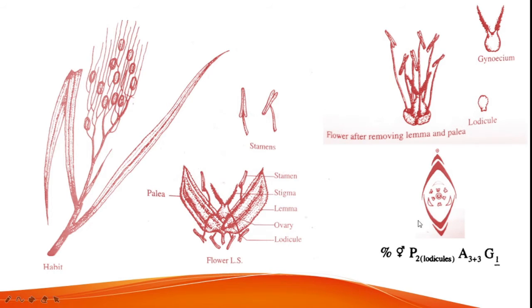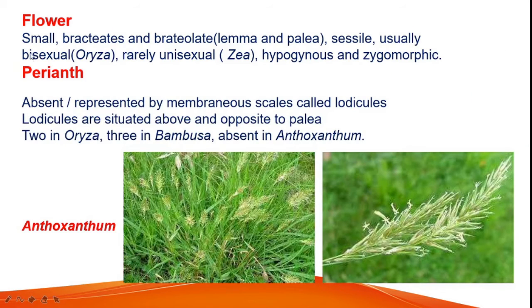This family contains zygomorphic, bisexual flowers, with perianth represented by lodicules. Then anthers are present, 3+3 condition. Gynoecium is 1 in number. It also has a superior ovary. Small flowers are present, bracteate, bracteolate with the lemma and palea.